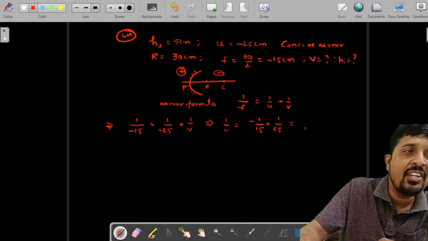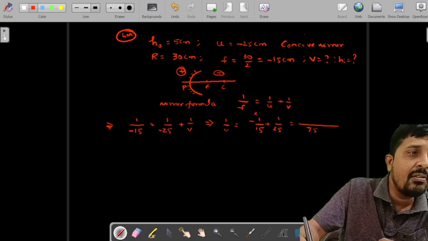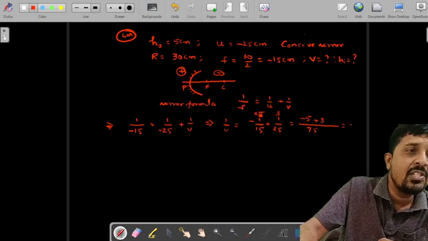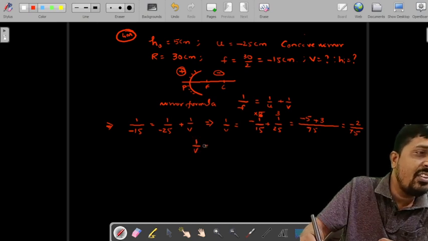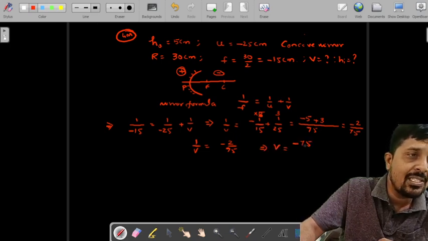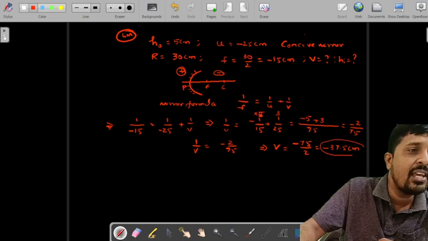The LCM of 15 and 25 is 75. 15 in 75, 5 times. 25 in 75, 3 times. So this is minus 5 plus 3, which is equal to minus 2 over 75. Then 1 by V is equal to minus 2 over 75. That implies V is equal to the reciprocal, minus 75 by 2, which is equal to minus 37.5 centimeters is the value of V.